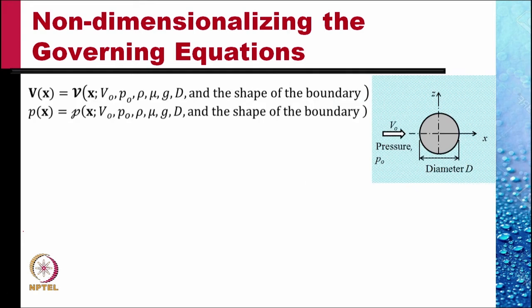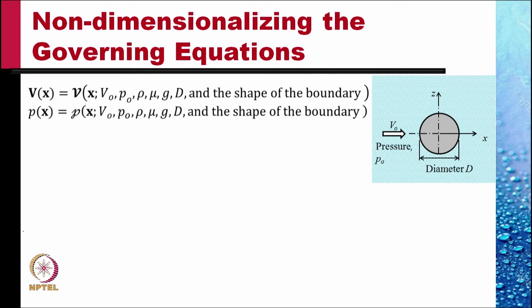Now, the dependent velocity V, that is the components u and v, as a function of the independent variables x and y, can be written as a function of the vector x, the location vector, which consists of the scalar quantities x and y, and the list of independent parameters.